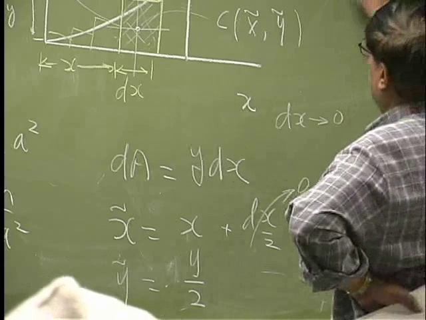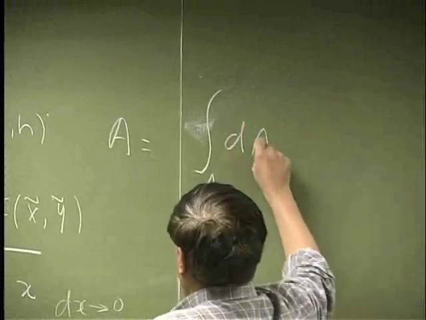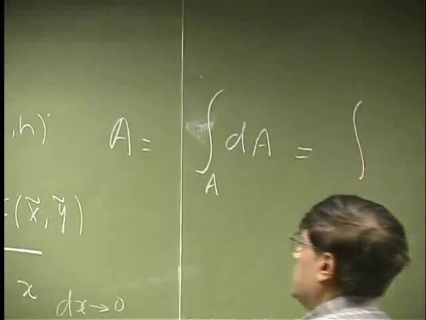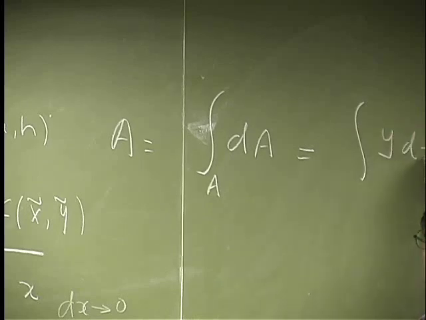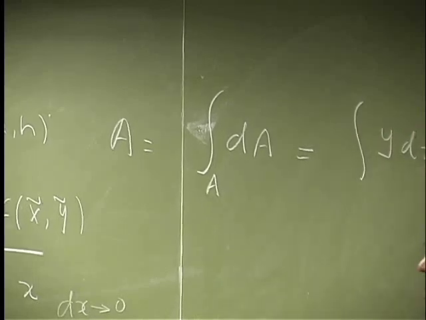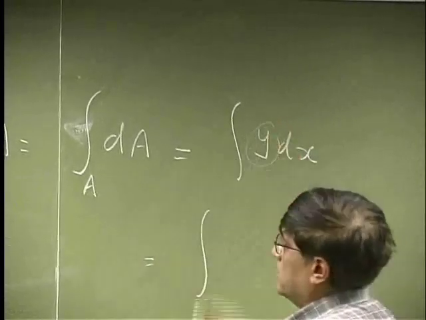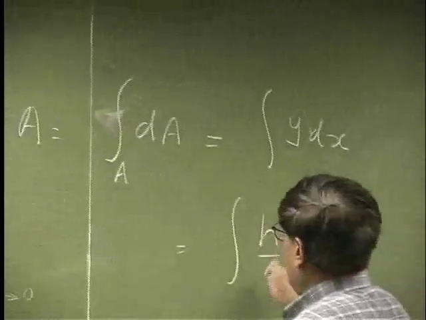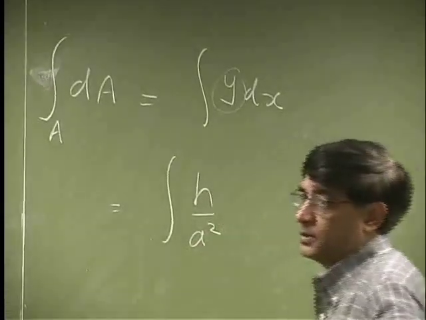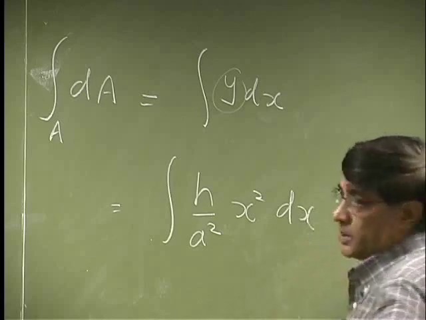which means the area. We look at area, which is going to be the area integral dA, and we know dA is y dx. And y is given by this equation. So you go h over a squared, then you have x squared, and you have dx.